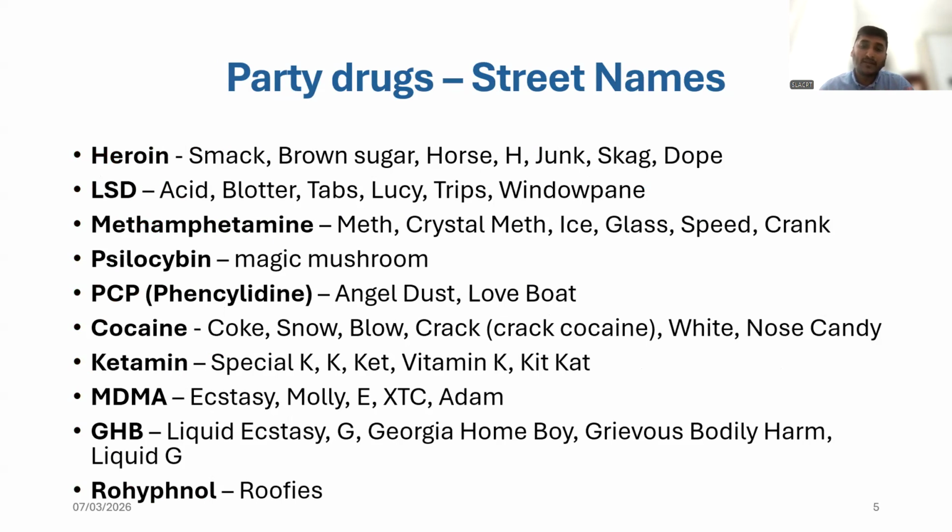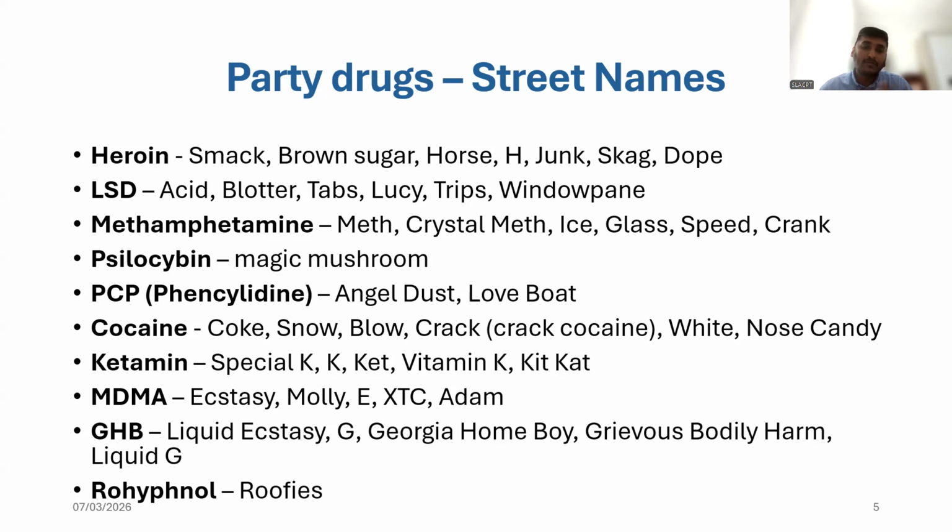So how do they appear in the community? They will not be labeled with the generic name or the drug name that we know. Usually in the market they are labeled differently. These party drugs have street names. Heroin has multiple names: dope, horse, smack, junk, and cocaine is coke, crack.